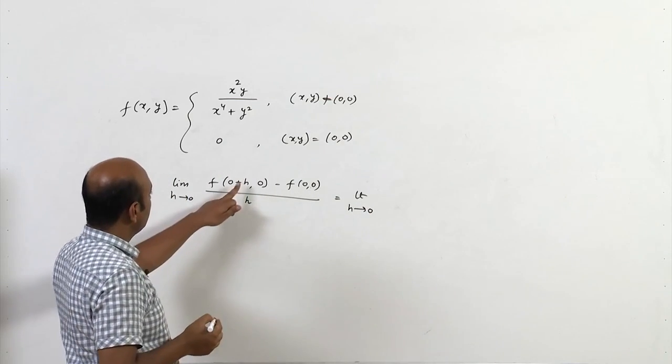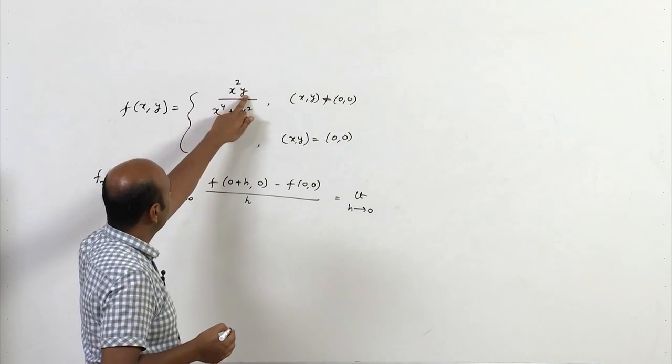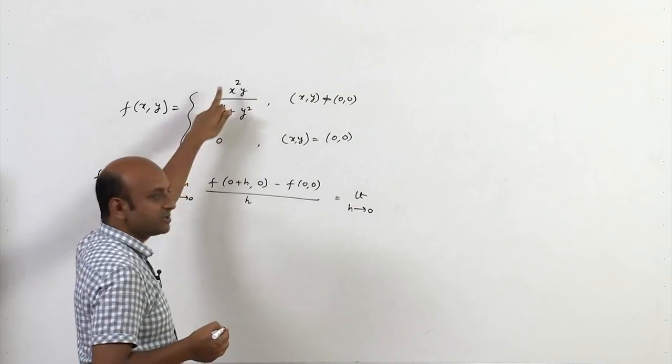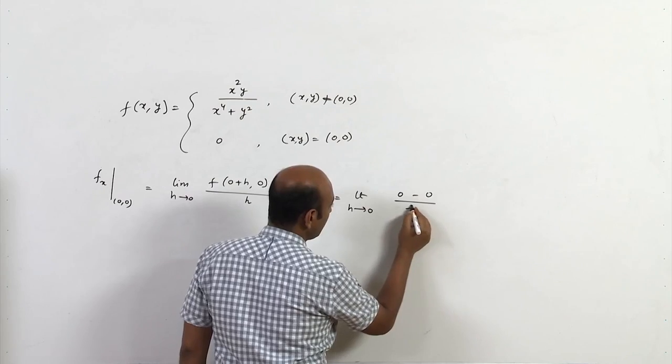Now, when you put h comma 0 here, x is h, y is 0, so simply this value will be 0. So, it is 0 minus 0, f 0 0 is 0, upon h, which is 0.